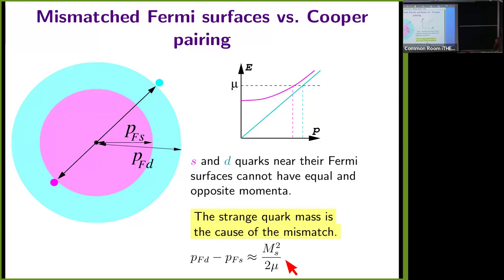Their Fermi energy was equal to their chemical potential, and they had equal and opposite momentum. But you can't do that in this case. If you look at a strange quark on its Fermi surface and a down quark on its Fermi surface, you can't give them equal and opposite momenta. Okay, they can't have 0 net momentum. It's not possible because the strange quark's Fermi momentum is smaller.